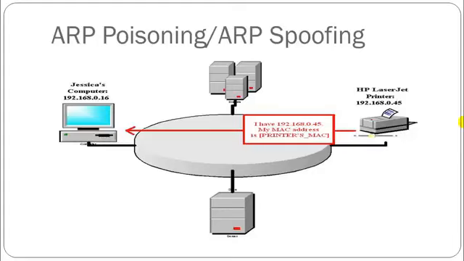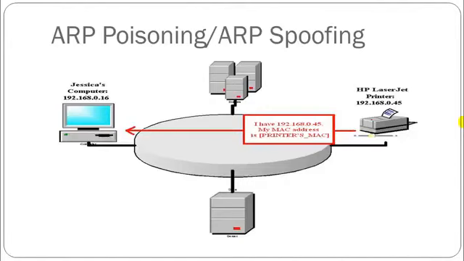The first is the ARP request, where computer A asks the network who has this IP address, and the ARP reply, as you can see on the diagram, says this is my MAC address. Then there is the reverse request, RARP, which is the same concept as the ARP request, but here computer A, that is Jessica's computer, asks who has this MAC address after it has the IP address, and then the HP LaserJet printer replies that it has the MAC address. So first it checks the IP address, then it checks the MAC address.